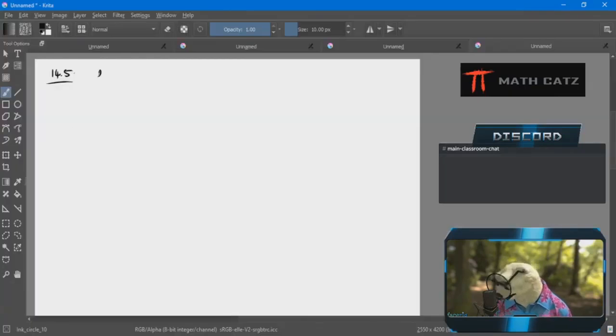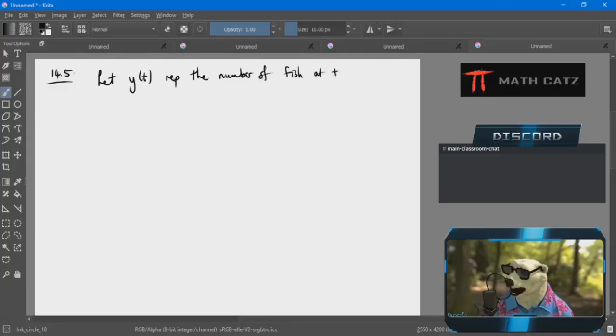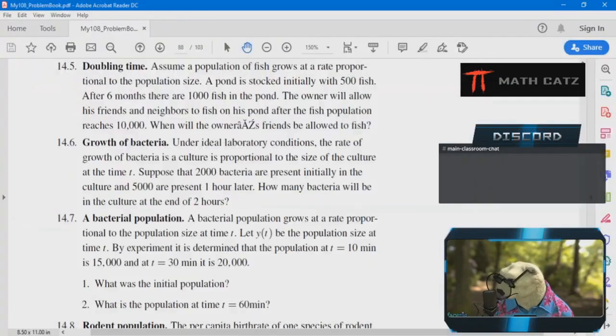Let's do that. Let's go with a y again. Let y represent the number of fish, the population size, at time t, and in this case, time is in months.